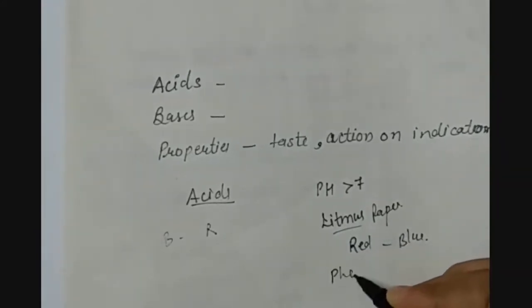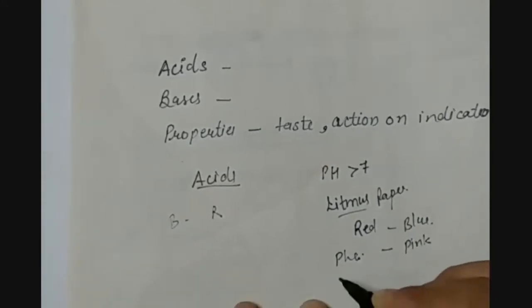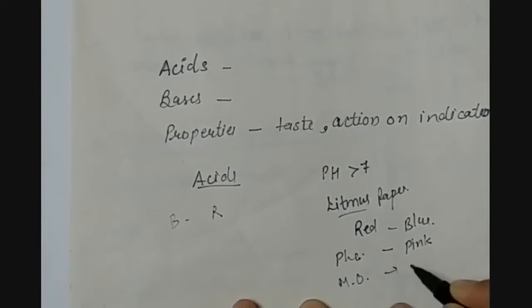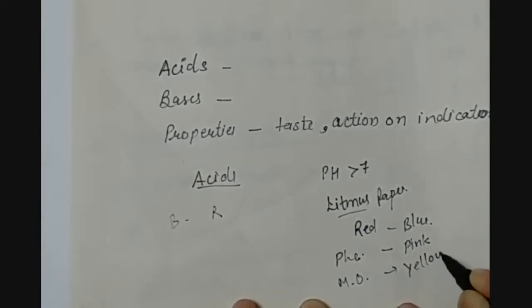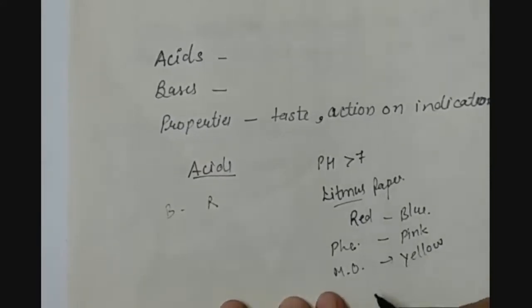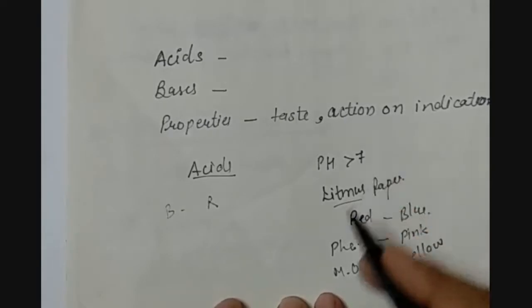Phenolphthalein turns pink, whereas methyl orange turns yellow in case of bases, and we know that pH is always greater than 7.